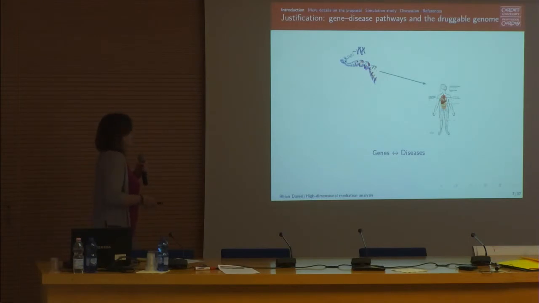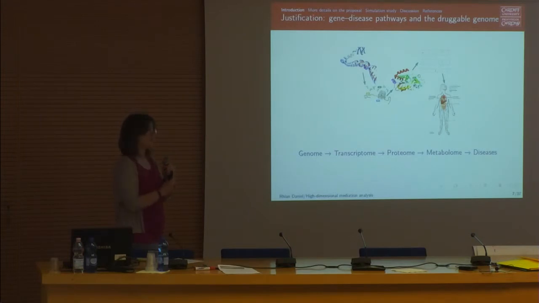So, of course, biologists know quite a lot about the gene-disease pathway, if you like. It is known, and I'm sure people in this room know far better than I do, but my very basic understanding is that genes are transcribed, they create proteins that go on to create metabolites that then have a part in causing diseases. And of course, there are many other aspects also in the picture, like the environment and all these kinds of interactions that I'm not depicting here.